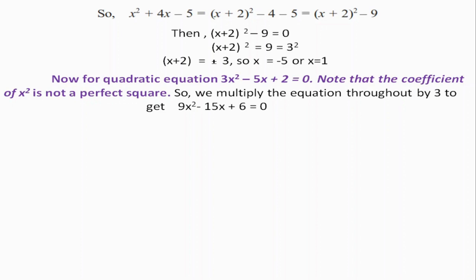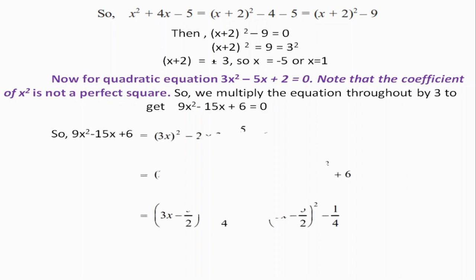So, we first multiply this whole equation by 3. So this becomes 9x square minus 15x plus 6, and 0 multiplied by any number should become 0. So that equals 0.